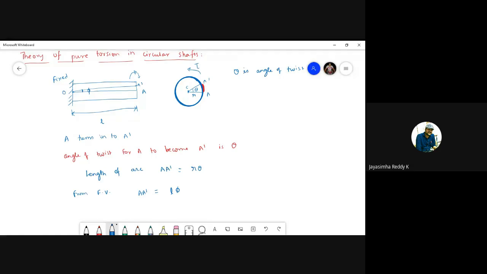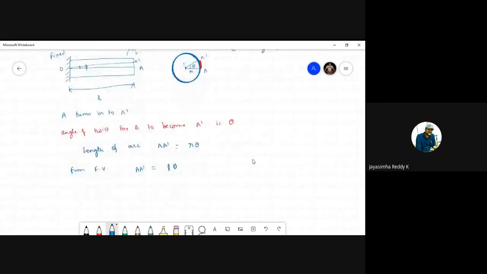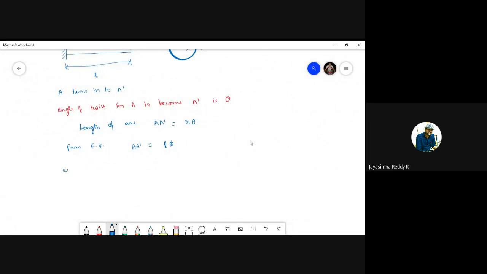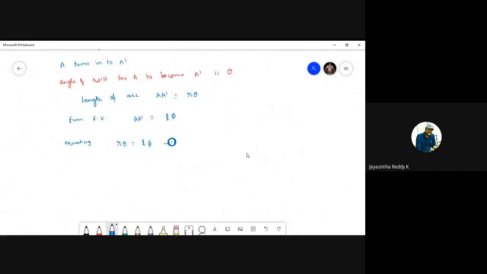So let us equate these two because both are lengths of arc AA dash. Equating, we get r theta equals L phi. Let us keep this as equation number 1. And now let us write for phi. What is phi? Phi is the shear strain at the outer surface. What is shear strain? Shear strain is change in length by original length.